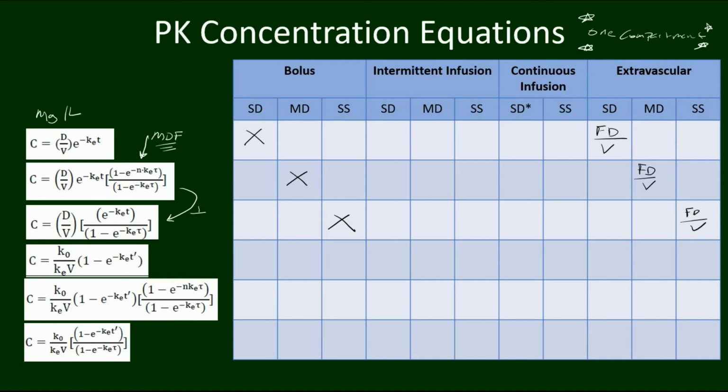Let's take a look at some other variant equations. Here we have K naught, so that tells us that this is some sort of infusion over elimination rate constant times V times 1 minus e to the minus Kel t prime, remembering that t prime is the infusion time. So what scenarios does this apply for?